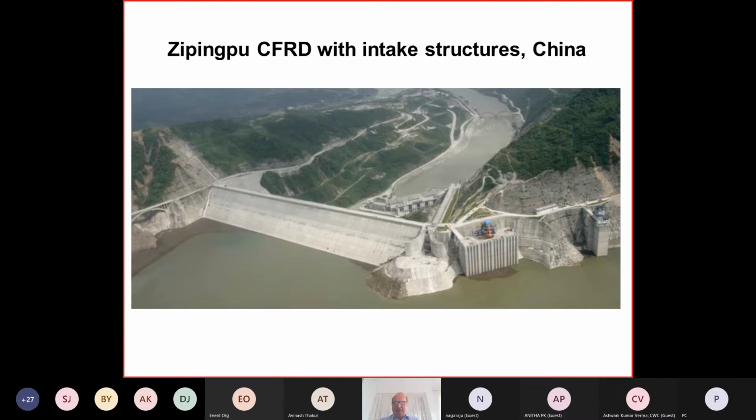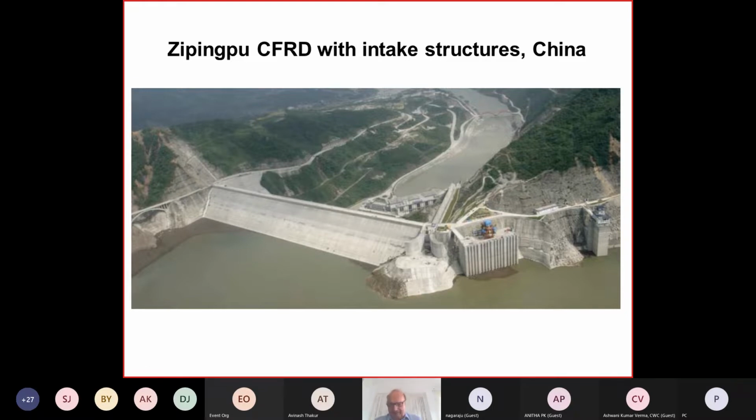Okay, this is the Zipingpu Dam in China, which was shaken heavily during the Wenchuan earthquake, and where people suspected, I have discussed that in a previous presentation, that the filling of this reservoir has actually triggered this Wenchuan earthquake.